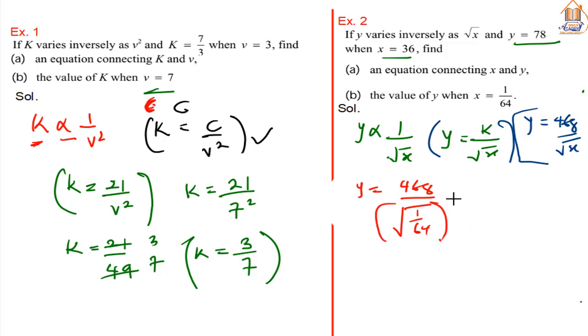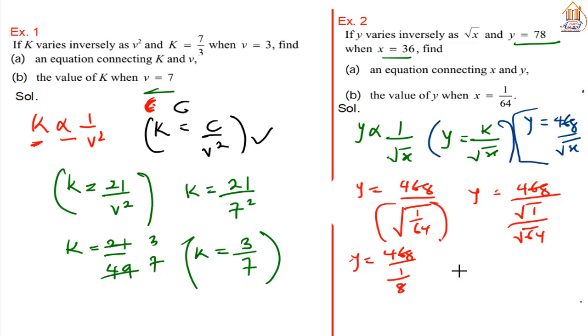According to the law of surds, we have y is equal to 468 all over the square root of 1 all over the square root of 64. Now, the square root of 1 will give us 1, and the square root of 64 will give us 8. Therefore, we have y is equal to 468 all over 1 over 8.